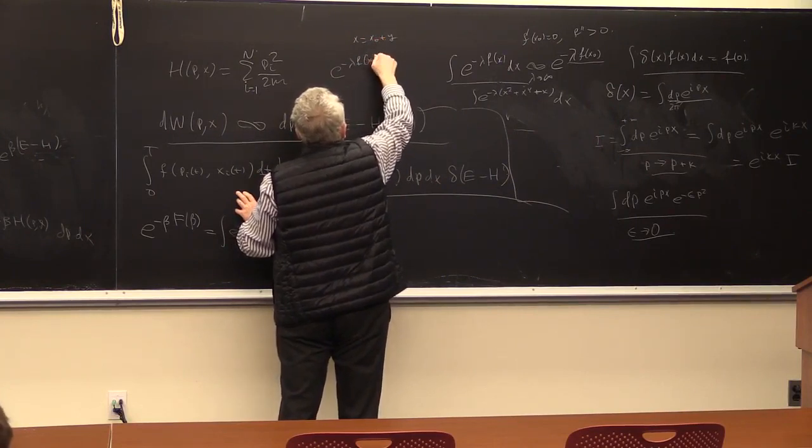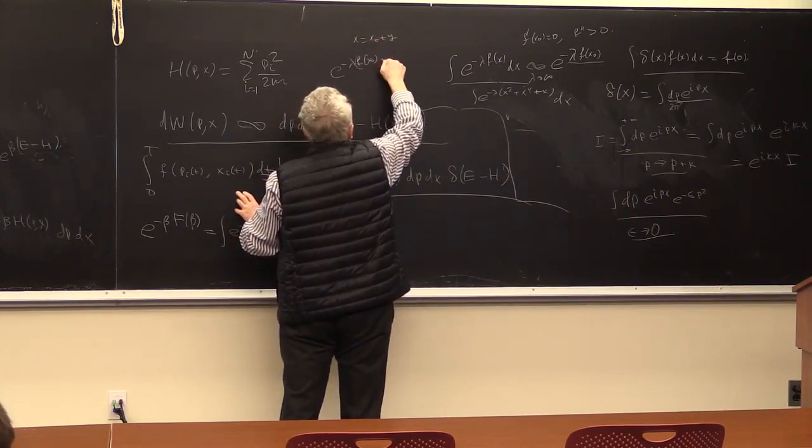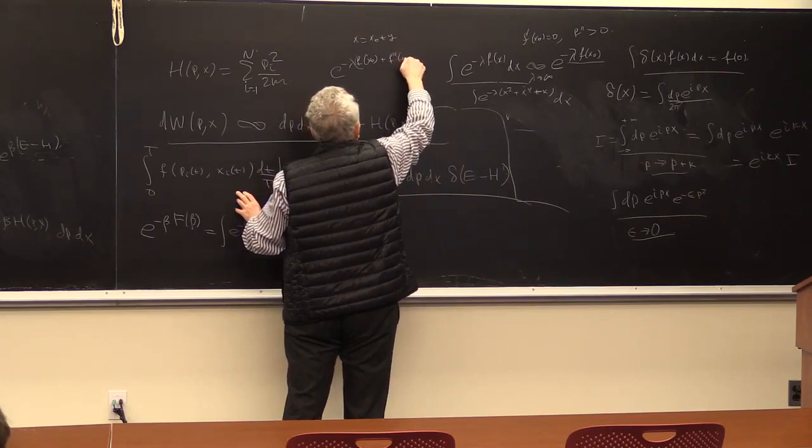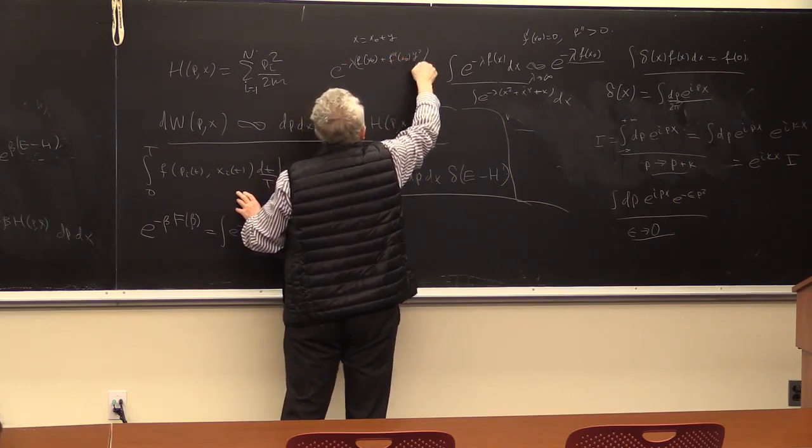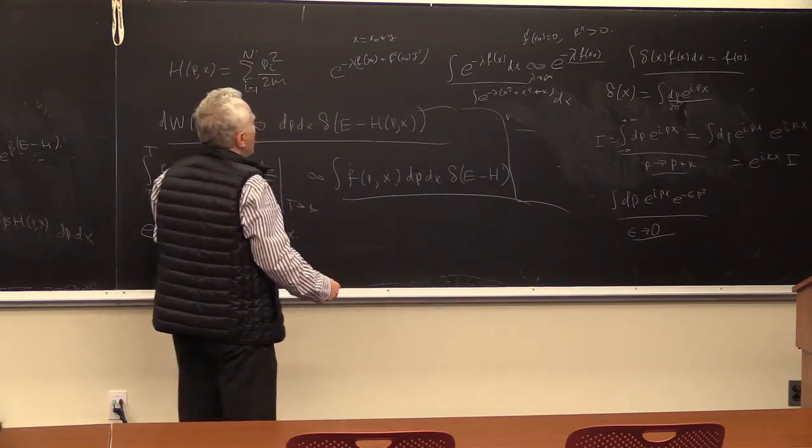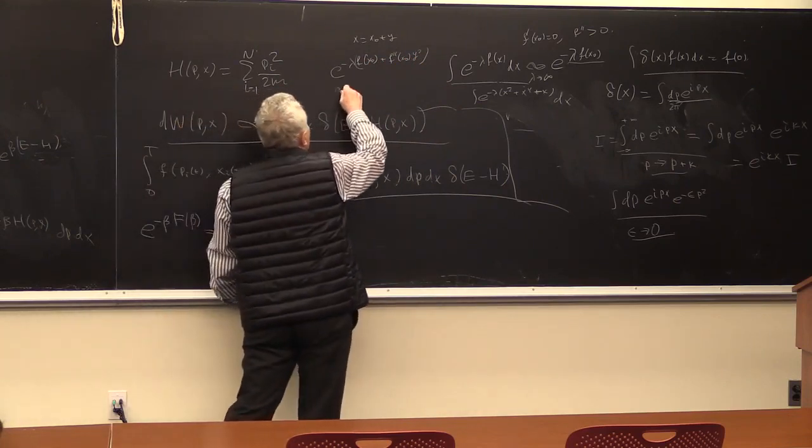I have f of x naught plus f double prime of x naught times y squared.